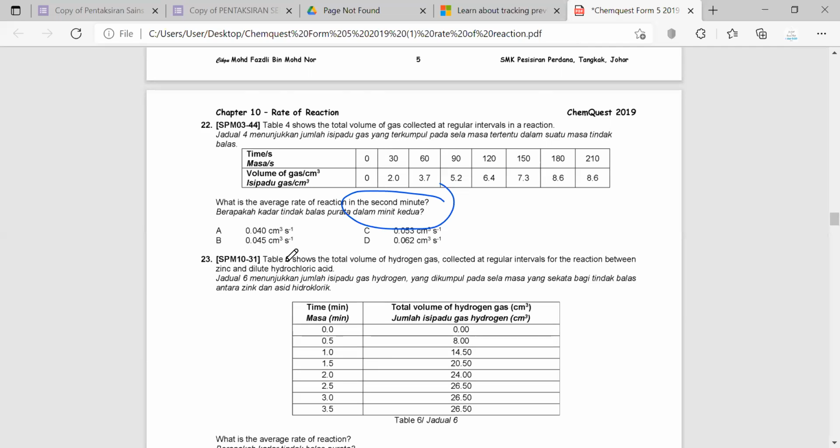Okay, Caroline, give me your working. 6.4 minus 3.7 divided by 120 minus 60. Did all of you get the same working as Caroline? I did, teacher. Okay, and then did all of you get 0.053 as your answer? Yes, teacher. Okay, then it is correct.